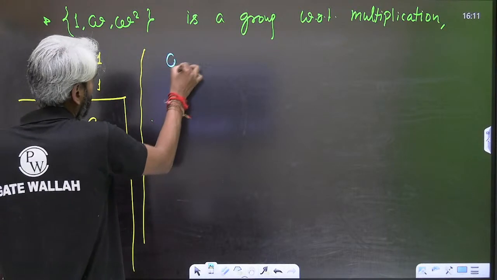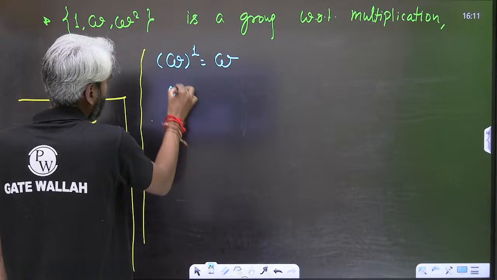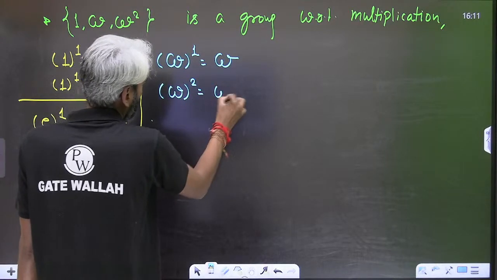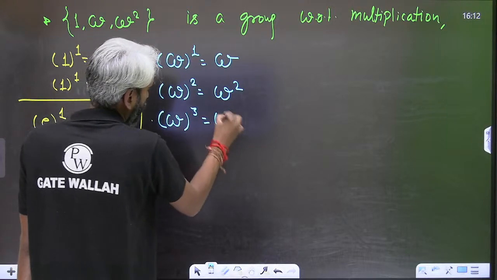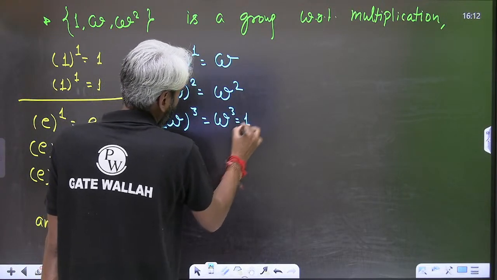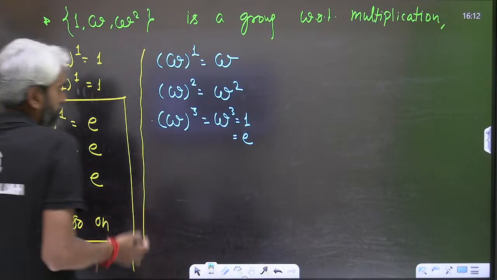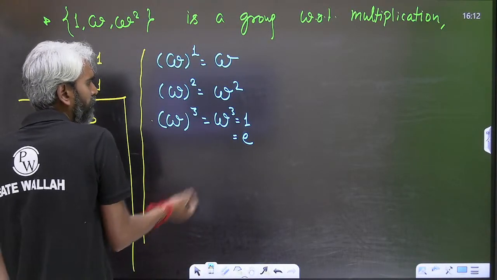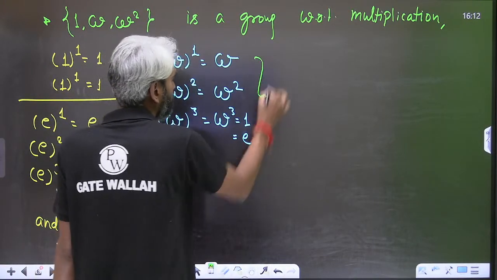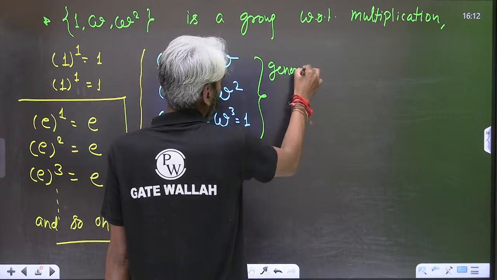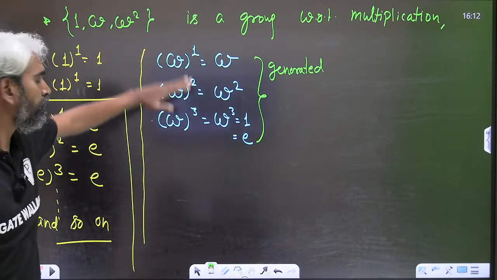Omega raised to the power 1 will be omega. Omega raised to the power 2 will be omega square. Omega raised to the power 3 will be omega cube, which is basically 1, the identity element. If we increase the power any further, we will keep repeating the same elements. So we have generated all elements of the set using omega.